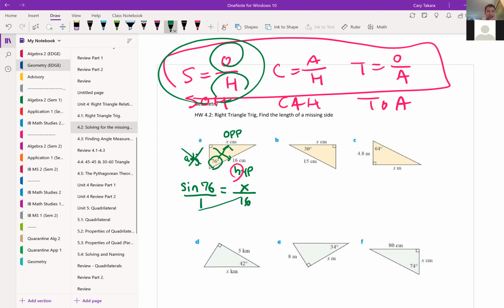Sine of 76 one more time, times 16. 15.5. If you got 9.0, 9.1, that means you're in radian mode. So you need to change that.